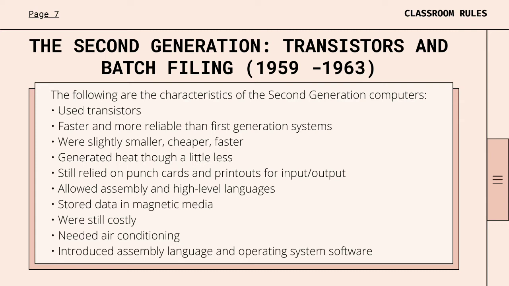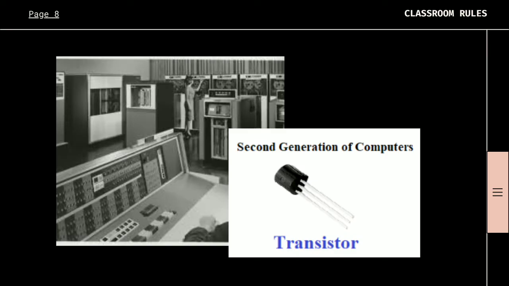Still relied on punch cards and printouts for input or output. Allowed assembly and high-level languages. Stored data in magnetic media. Were still costly, needed air conditioning, and introduced assembly language and operating system software. Image shown is an example of a second-generation computing device.